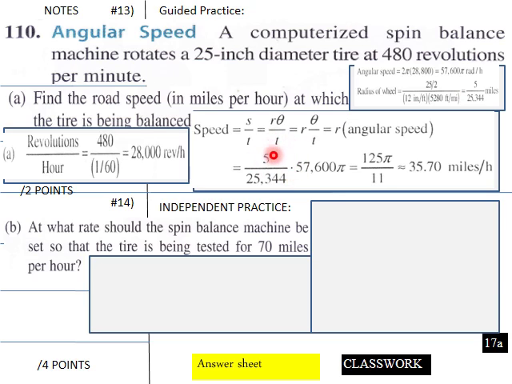So now that we know for 5 miles is 25,344 revolutions times 57,600 radians, and when we do this multiplication here, we get 125 radians over 11, which comes out to 35.70 miles per hour when you are rotating this wheel at this speed here. Per hour, it would be equal to 35.70 miles per hour.